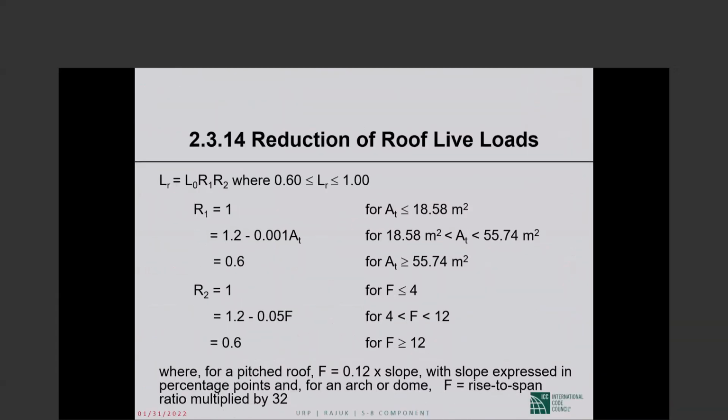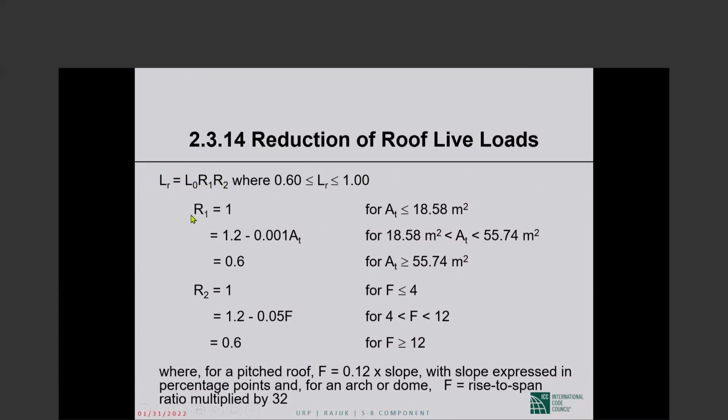And then there is this roof live load reduction factor taken from AC 705, which says the reduced roof live load is the unreduced roof live load times a reduction factor for area and a second reduction factor for roof slope. Okay. And the roof live load shall never be reduced more than 40%.